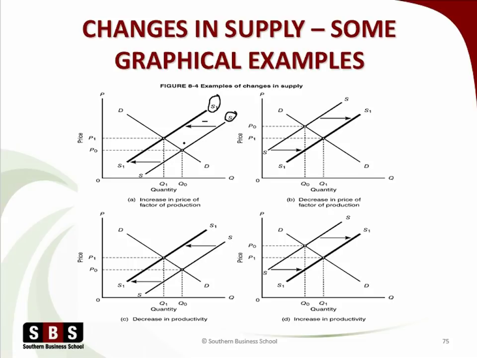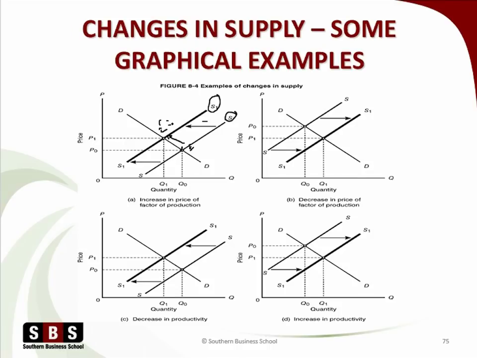In fact, there's going to be a movement along the demand curve from that equilibrium point to equilibrium 2. That's the concept that you must basically understand with all these graphs, and that's because of the increase in the price of the factors of production.